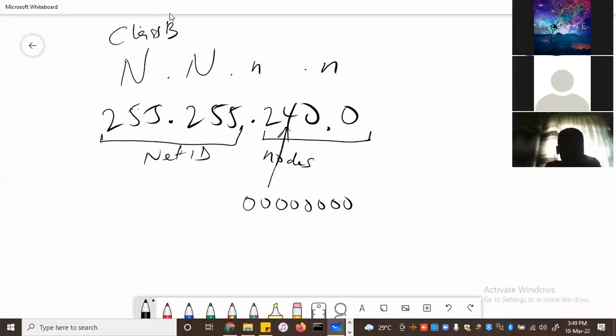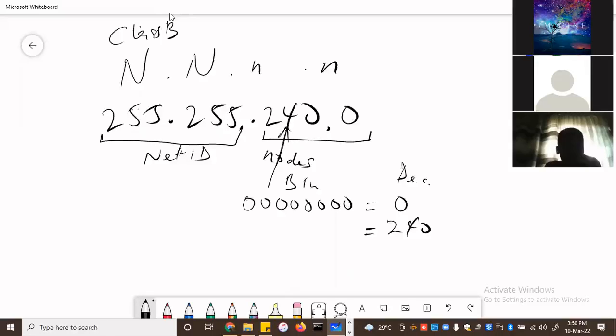All zeros equal decimal 0. So this is decimal, this is binary. But we have 240 decimal. Now the question is, how do we get the binary form? There's an easy approach to this.